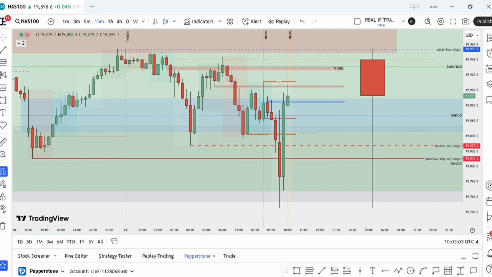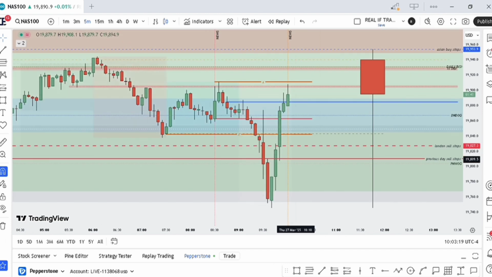That blue horizontal bold line that I have marked out throughout time is a potential or future bullish order block.